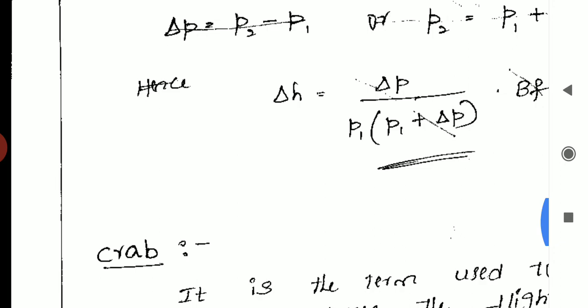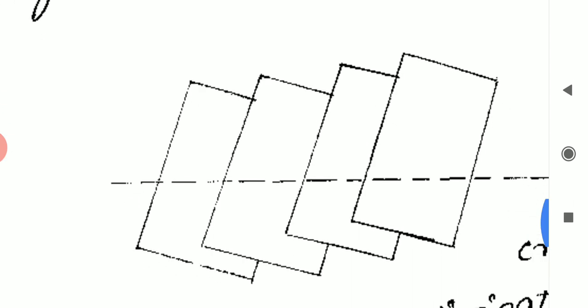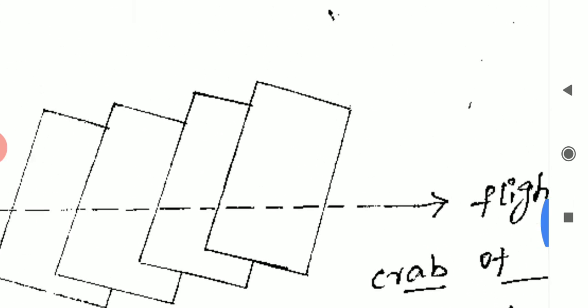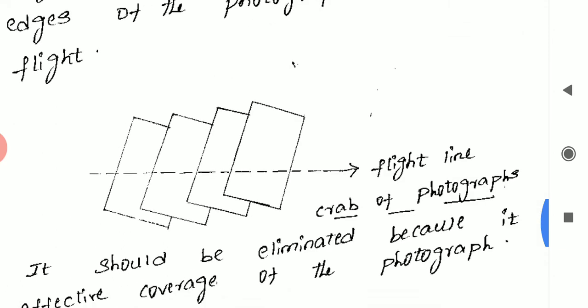Next concept is crab. Crab is the term used to designate the angle formed between the flight line and the edge of the photograph in the direction of the flight.